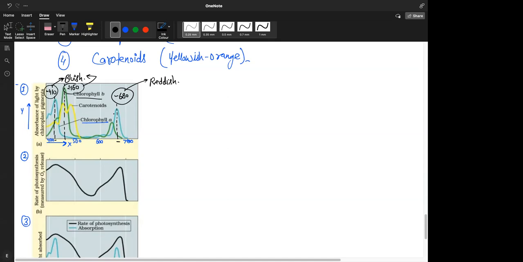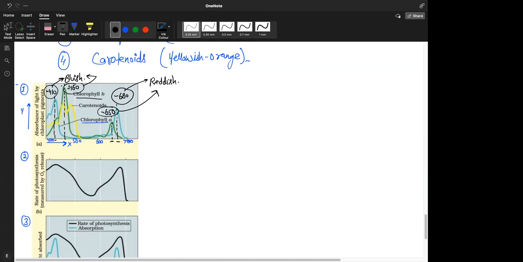Yes, sir. Where is it? Around 650. This one, right? Yes, sir. Very close to chlorophyll A. So you said around 650, let's say that. So this is again towards the reddish region. Yes, sir. Another reason why in bluish and reddish areas more aerobic bacteria were present.